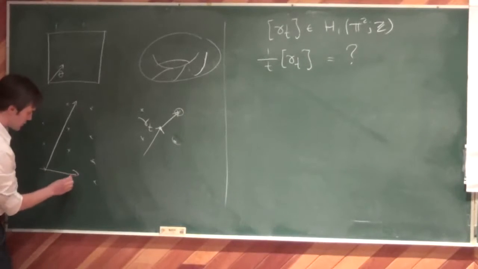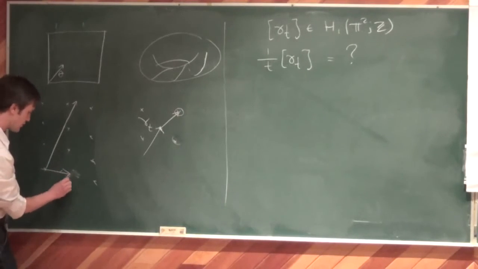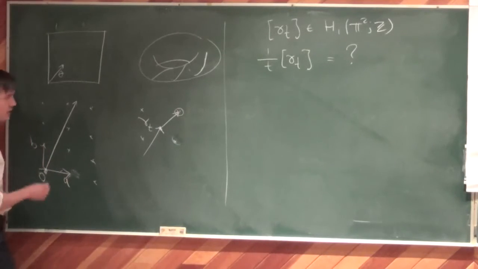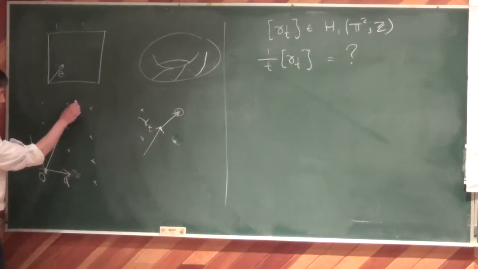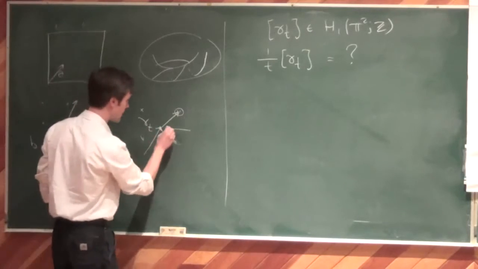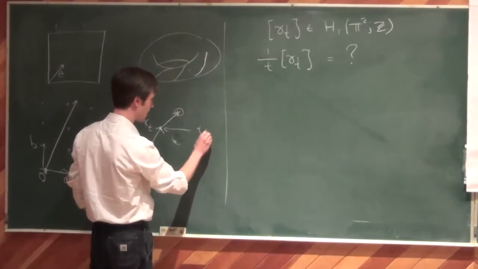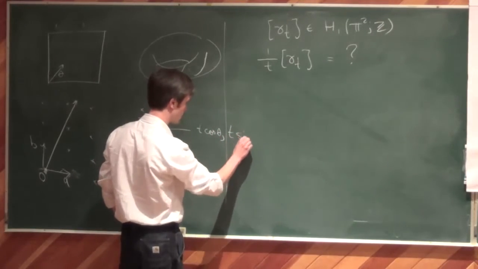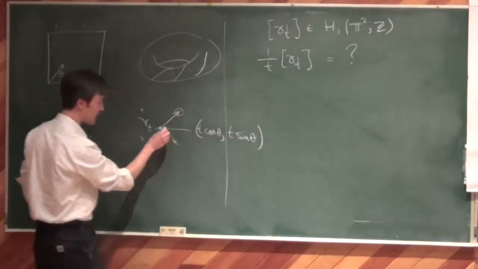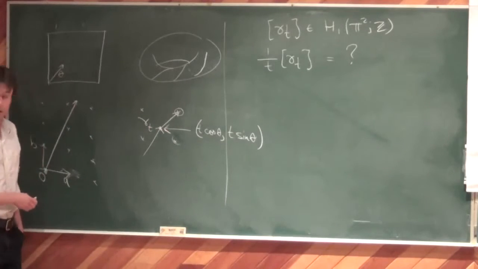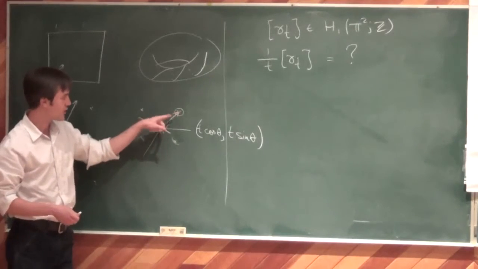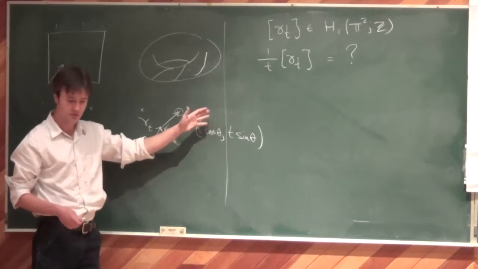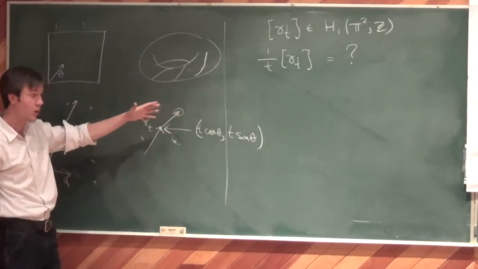And if we call this lattice vector, so this is 0, this is A, and this is B, then you won't be surprised to find out that gamma t has coordinates t cosine theta and t sine theta. This is where this tip is lying. And the coordinates of one of these guys are going to be roughly the same up to plus or minus some very small error, like of order 1.